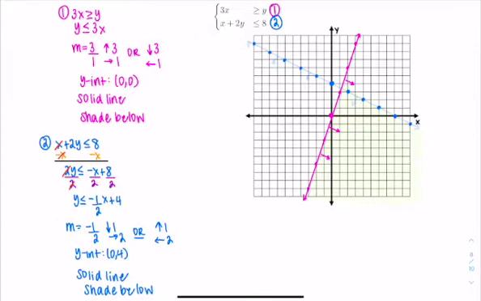We just want to connect it with a solid line, and we are shading below. We want to shade where the arrows are pointing towards. So this region in the bottom right-hand corner where the pink arrow and the blue arrows are pointing towards is where my solution set is going to be.